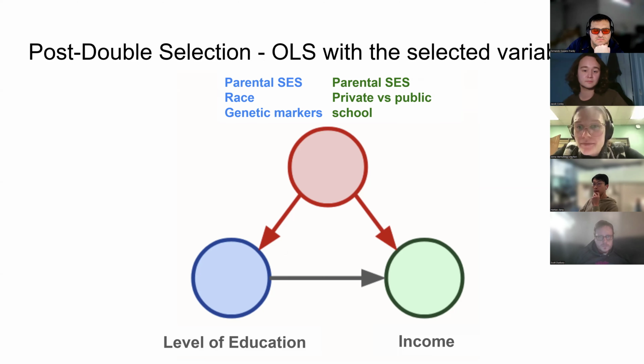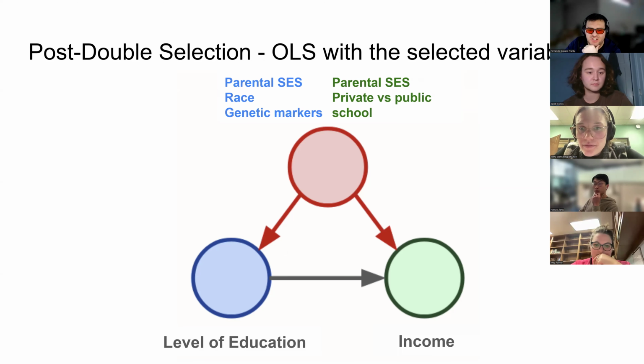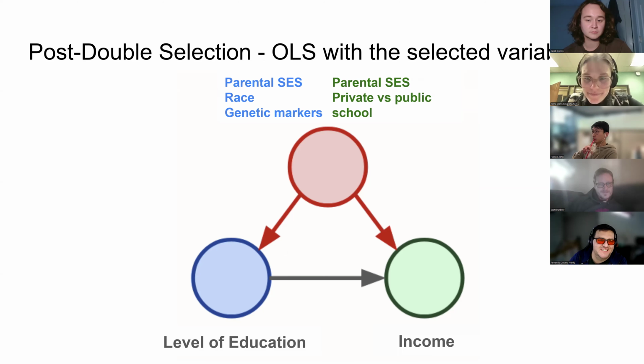Yeah, Fernando. I just tried to think, and maybe it's just because of the shape of the model, but if it's in both, would you be able then to say that parental SES acts as a moderator and or mediator of the relationship between level of education and income? That's a great question.